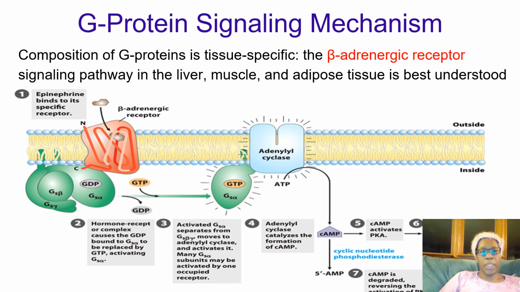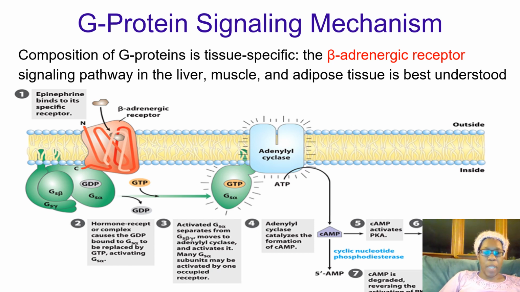We have the GDP, after a conformational change, actually exits the alpha subunit, and a GTP enters the alpha subunit. So now that the GTP, guanosine triphosphate, is bound to the alpha subunit of the G protein, it's now activated, and actually it just moves along or dissociates from the receptor.